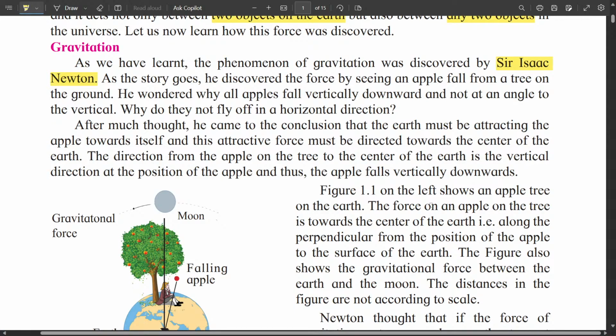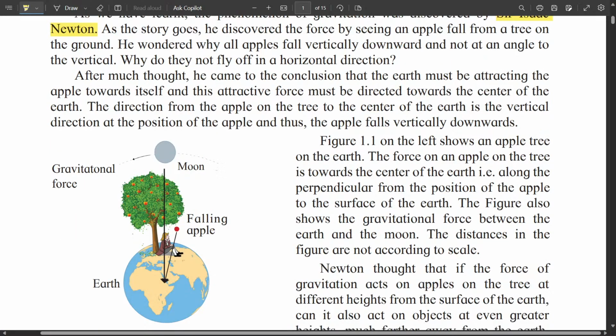And he wondered why all apples fall in a vertically downward direction and not at an angle to the vertical. We never see an apple go in a horizontal direction, or in a direction making an angle with the vertical. We always see that apples fall down.